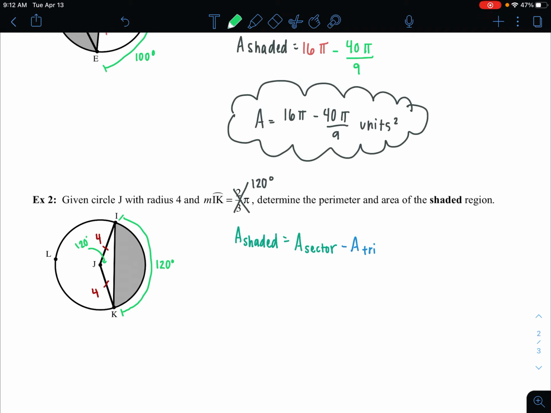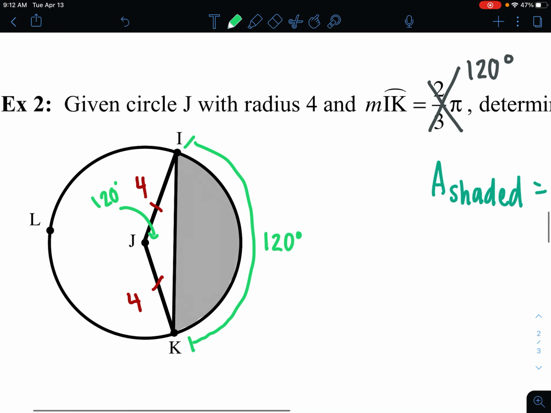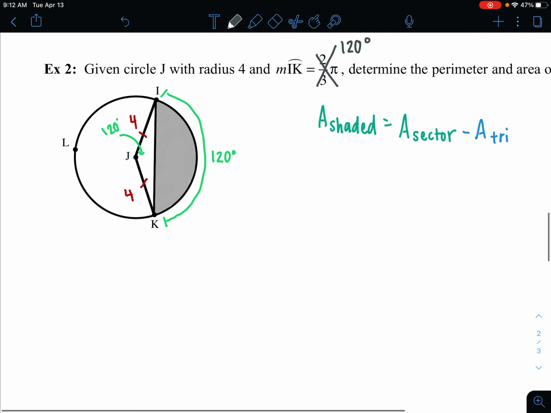Well, how does that help me? Well, that helps me because I know my radii. I know that in this triangle, if I drop down an altitude, it's an isosceles triangle. So let's off to the side draw our triangle, JIK, just so we have some more room.